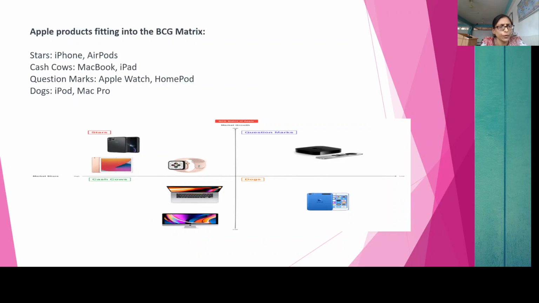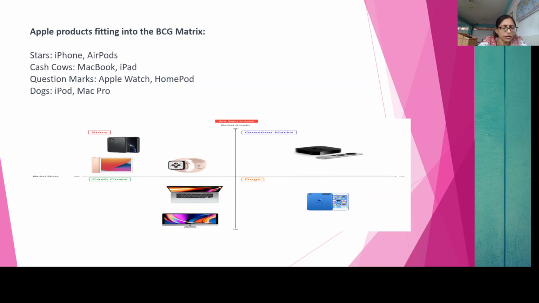Like Apple products: in the star category we have iPhone, AirPods; cash cow, MacBook, iPad; question marks, Apple Watch, HomePod; and dog, iPod, Mac Pro.